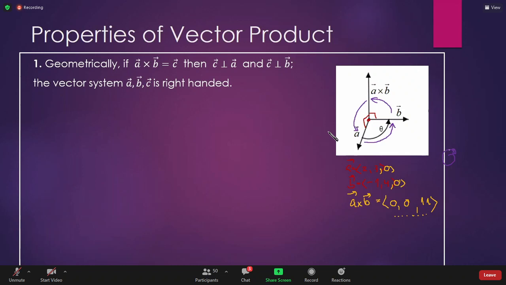Imagine that you are screwing from A to B in the XY plane, so the screw goes upwards as it moves. So the right screw, the right-handed system, screwing in the light bulb. If you screw the light bulb in the direction from A to B, it moves up. So that's the right-handed system.